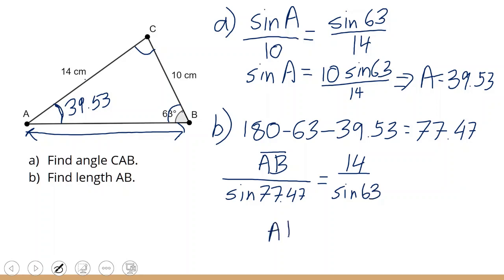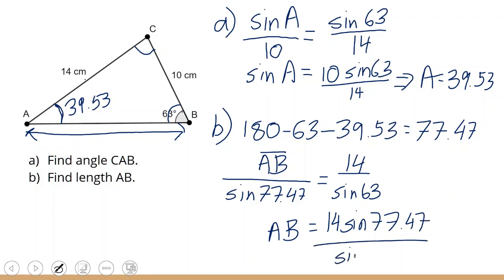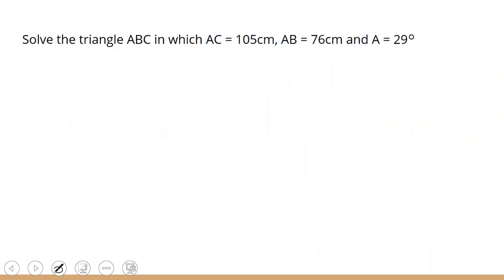And so to calculate this, I would do 14 times sine of 77.47 over sine of 63, which, if I pop into my calculator, I will get the value 15.34. And there you go, we found both the angle CAB and the length AB.